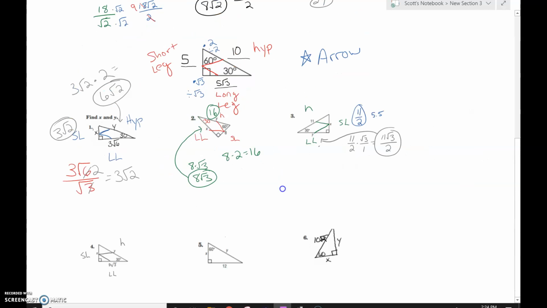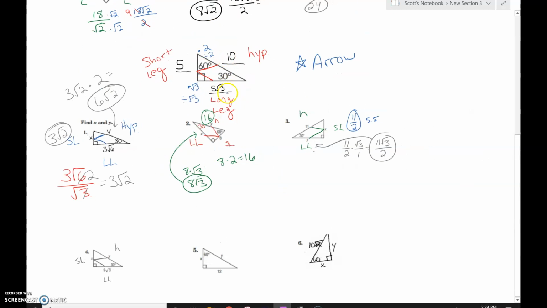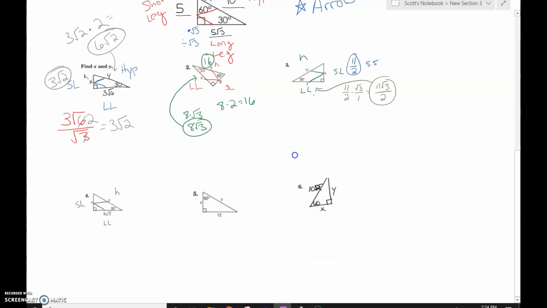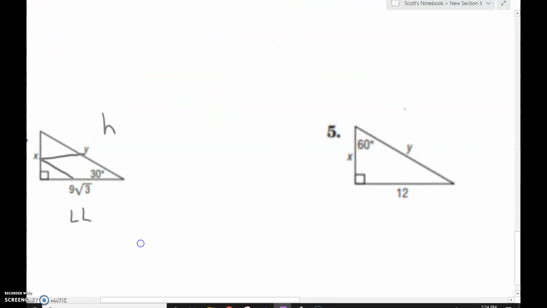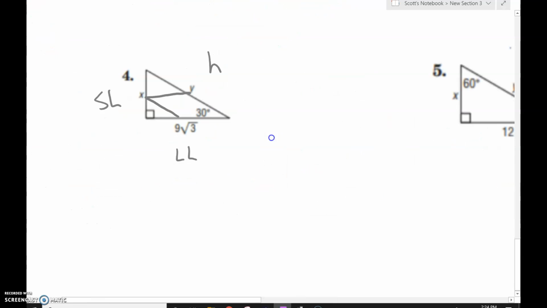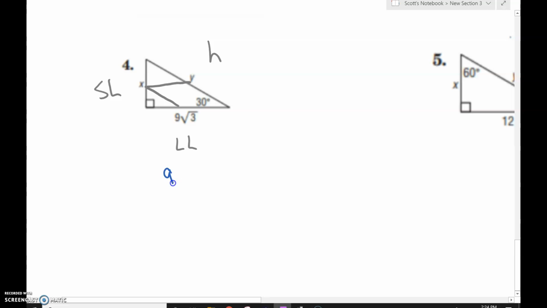You may have to draw this triangle a couple times. Long leg to short leg. Now it's getting smaller. I'm going 5 square root of 3 to just 5. So I have to divide by the square root of 3. It's disappearing. So I'm going to take 9 square root of 3 and divide it by the square root of 3. And there you go.